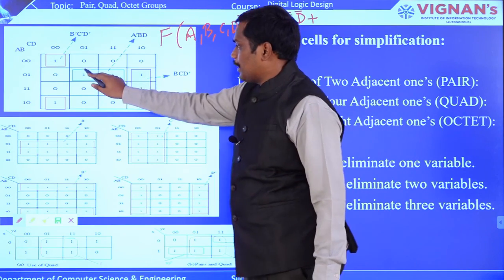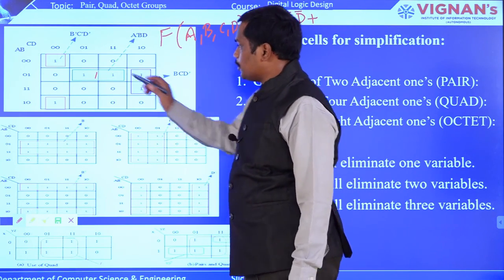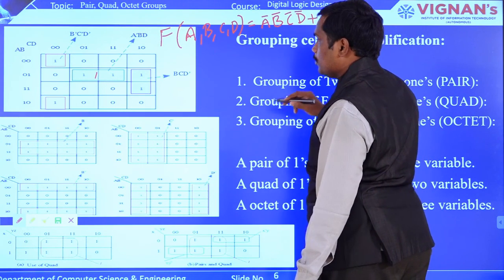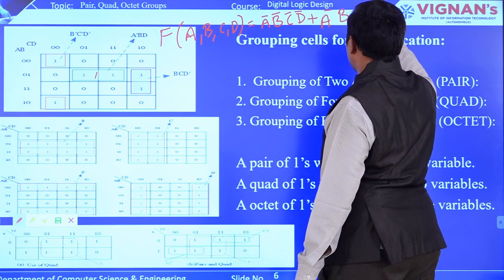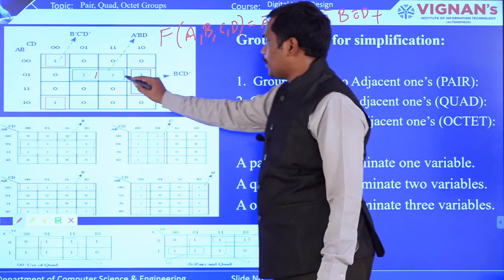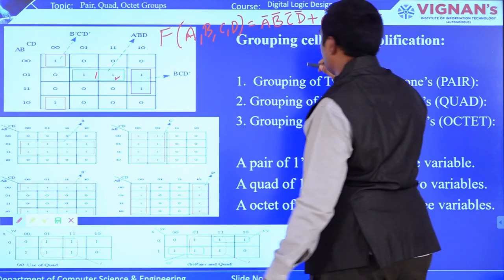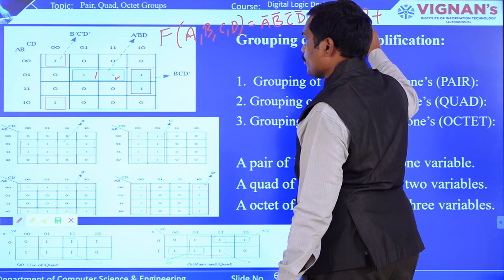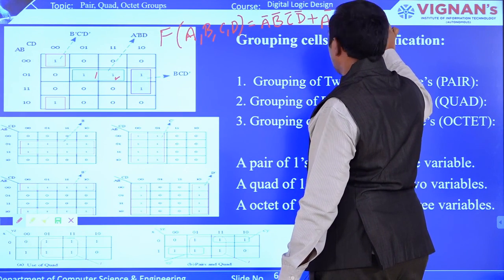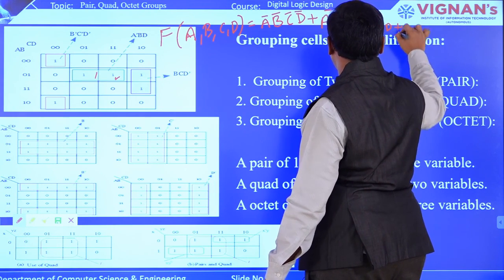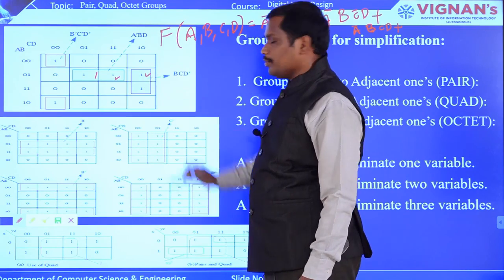Next, this particular location is given as A bar B C bar D, plus. This particular location we are going to write. Plus A bar B C D, and plus this particular one we are going to write.